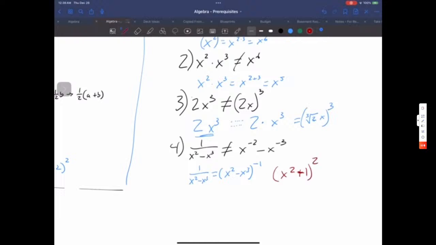If you take that squared, it's this, or x squared plus 1 times x squared plus 1 is not the same as x squared times x squared plus 1 times 1, right? Those are two different things. You have to do the FOIL method, and you're not going to get the same thing because you have additional terms. Similarly here, this minus 1 does not distribute inside the parentheses. So that is that one.